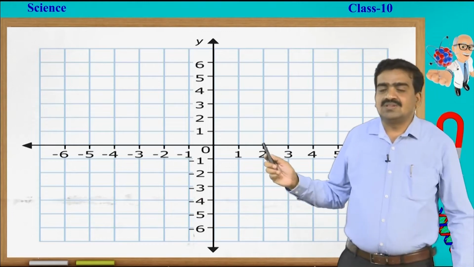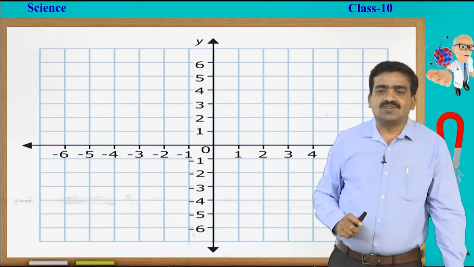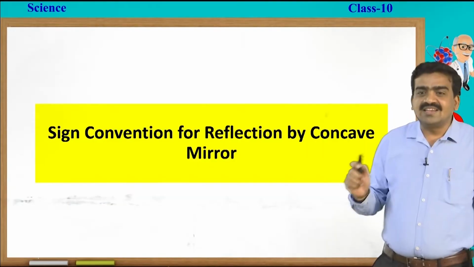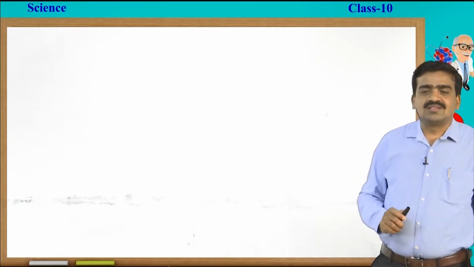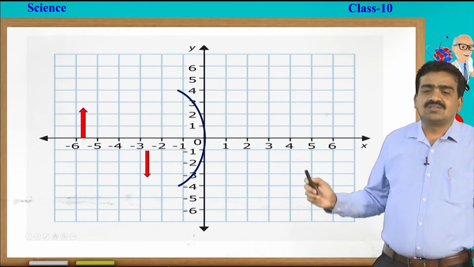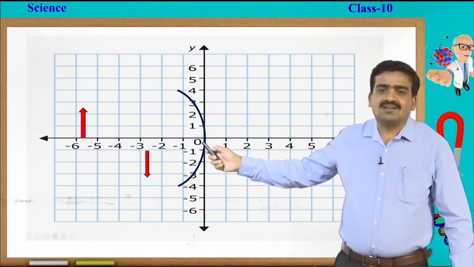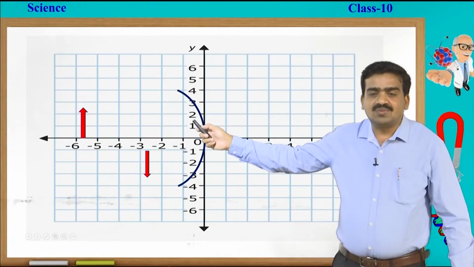So, this coordinate plane helps us to take the sign for the values which are given in the data. Sign convention for reflection by concave mirror. In case of a concave mirror, we are going to place the mirror at the origin, and the upper arrow mark shows the height of the object.